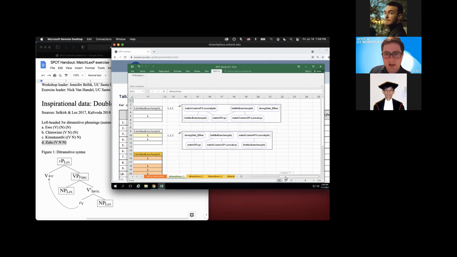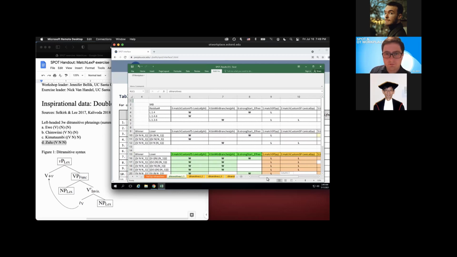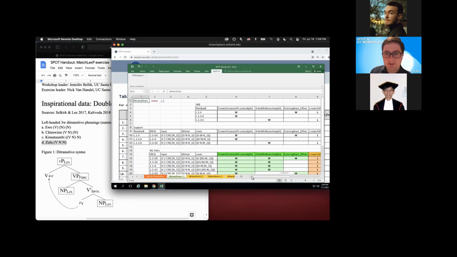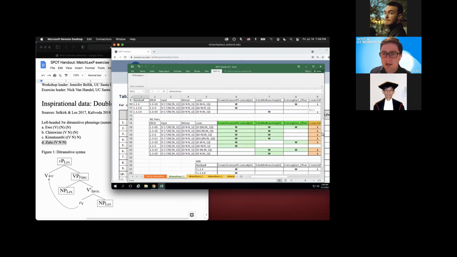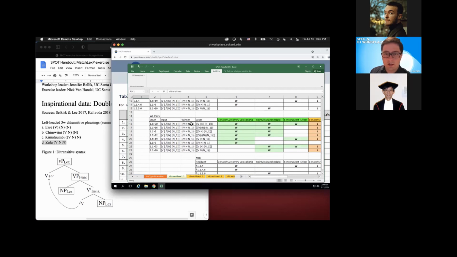Since we have a little bit of time, I'll also just point out a nice thing about this: it will also tell you which candidates you should compare to when you want to motivate your constraint ranking. And so this will give you a lot of useful information about which candidates favor the winning output, which constraints favor the winner, and which constraints favor the losers.